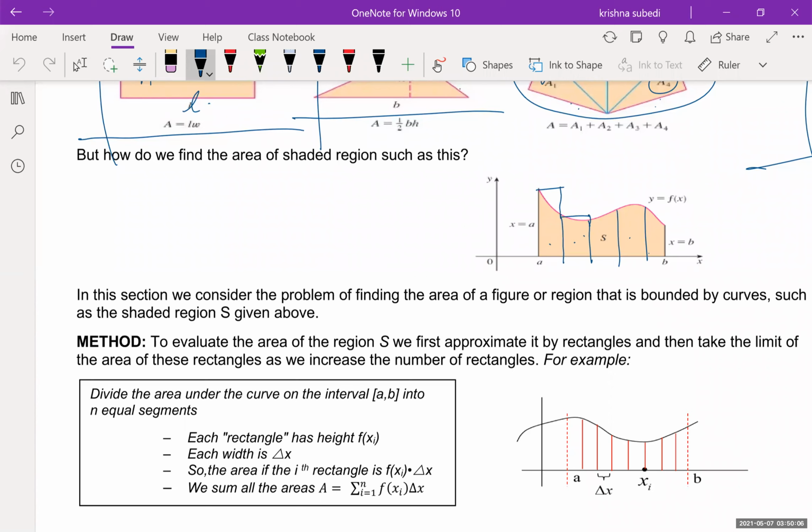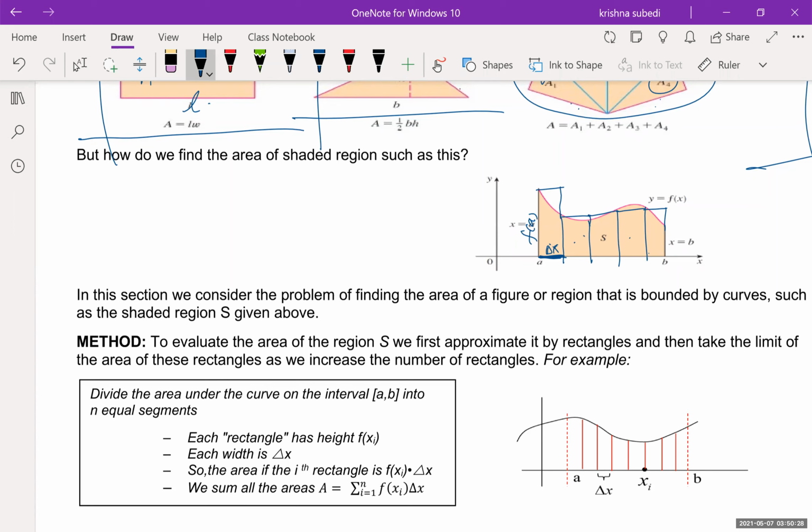Now I can find the area of a rectangle, and I know how to do that. Let's say this width is delta x, a small distance on the x side. So I represent the width of the rectangle by delta x, and the height will be f of a.